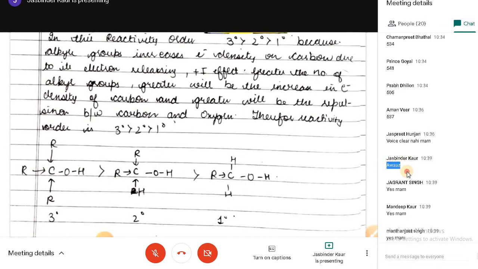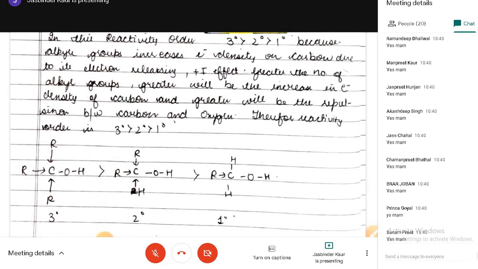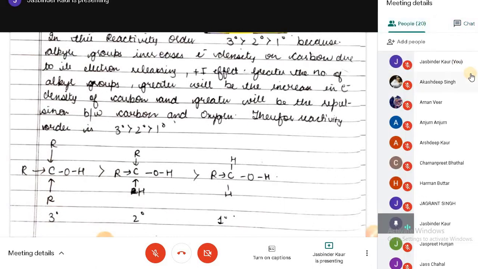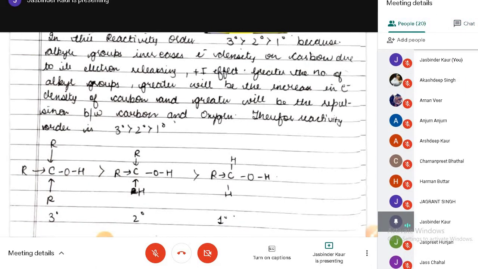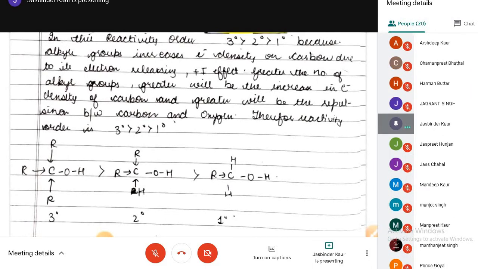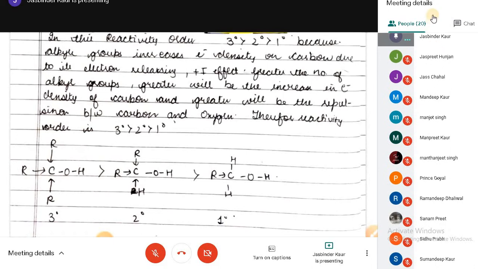And in primary, only 1 alkyl group is present, so the repulsion between carbon and oxygen is still lower. So in reactions in which the carbon-oxygen bond breaks, tertiary are most reactive, then secondary, then primary.